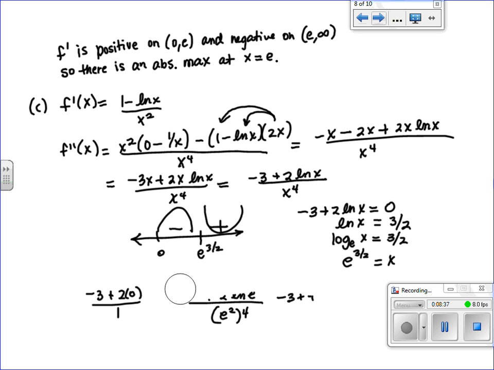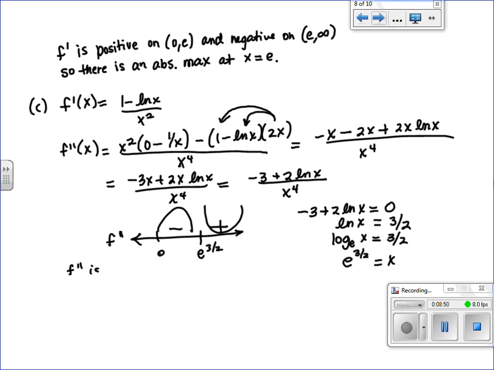So there is a point of inflection at e to the 3 over 2. But yet again, they don't look at this line chart that we've made, so you have to actually write out why that happens. So we're going to say that f double prime is negative on 0 to e to the 3 over 2 and positive on e to the 3 over 2 to infinity.